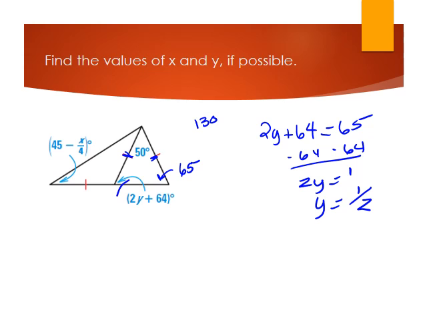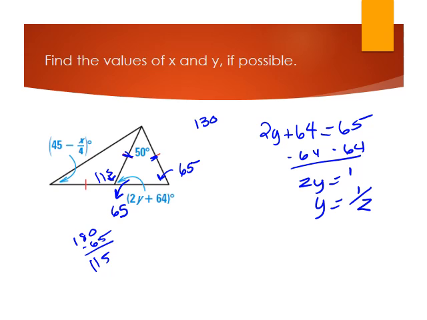Okay. If this angle is 65, that means that this angle right here is going to be 180 because it lies on a line, minus 65, or 115.